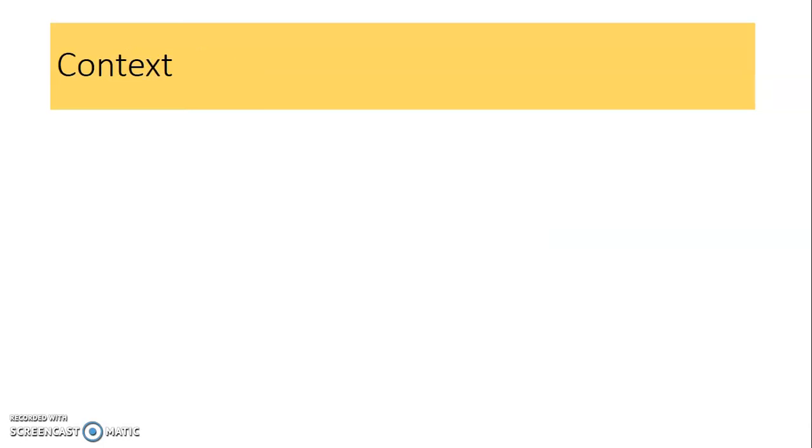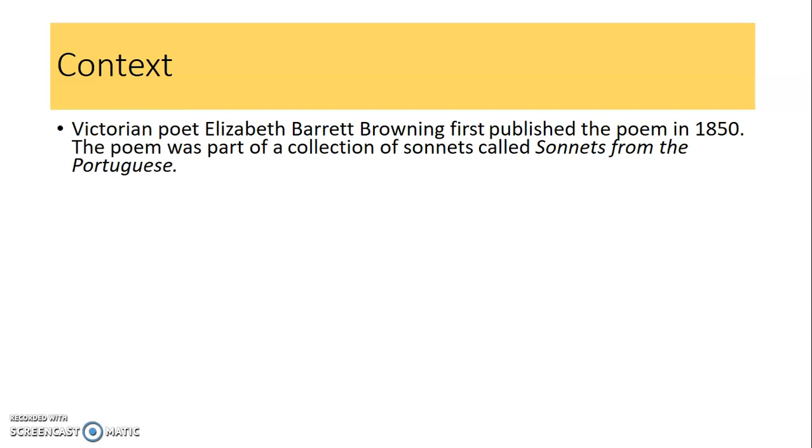Okay, so now that you've had a chance to read the poem through, you've got an idea of what Sonnet 43 is about. I'm just going to run through a bit of information for you about the context of this poem. So it is written by a Victorian poet called Elizabeth Barrett Browning, but more commonly referred to as Elizabeth Browning.